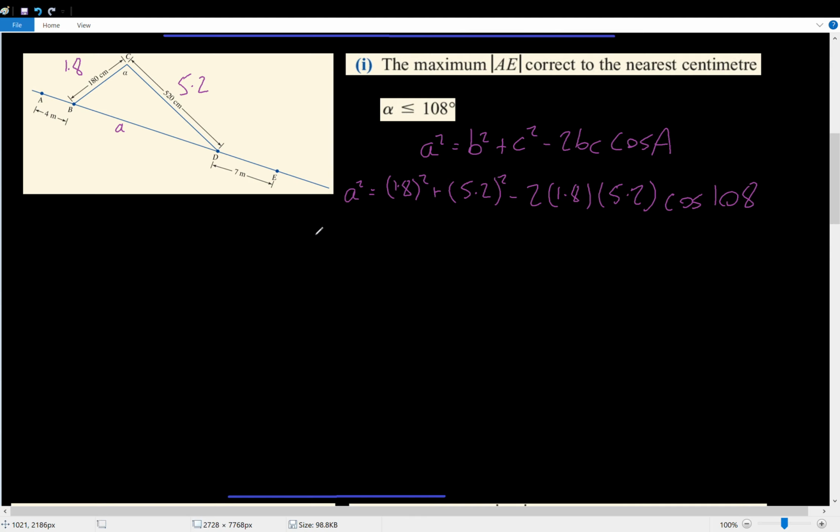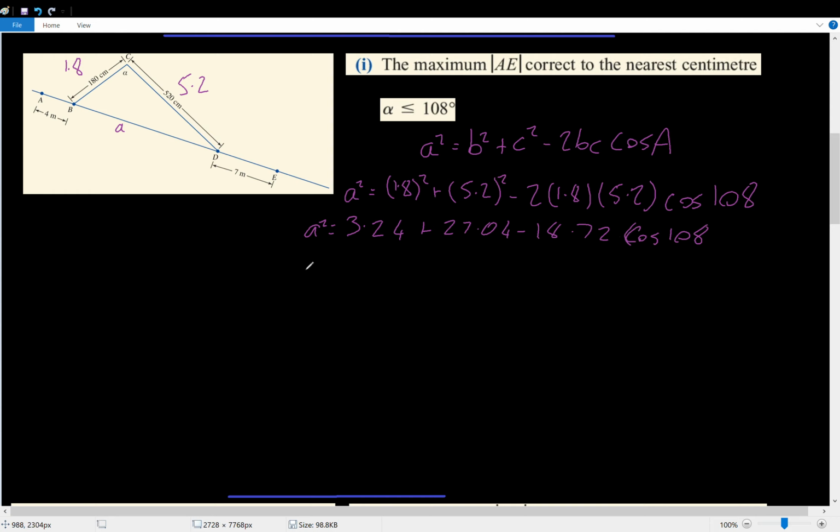Which means our next line is going to say that A squared is equal to, and 1.8 squared is 3.24, and 5.2 squared is 27.04, and that's going to be minus 18.72 times the cos of 108.